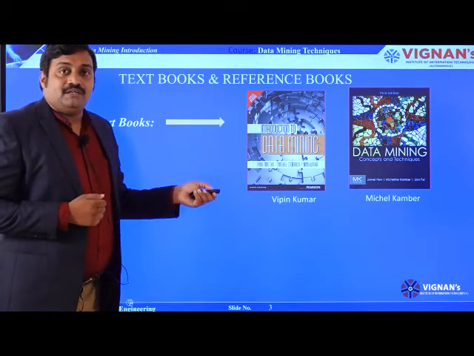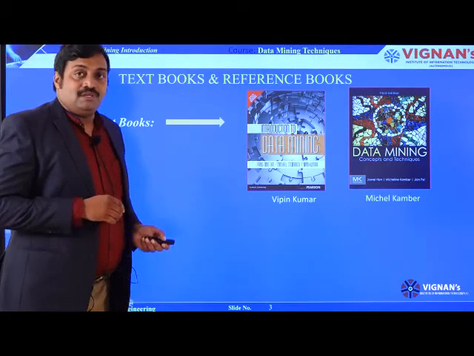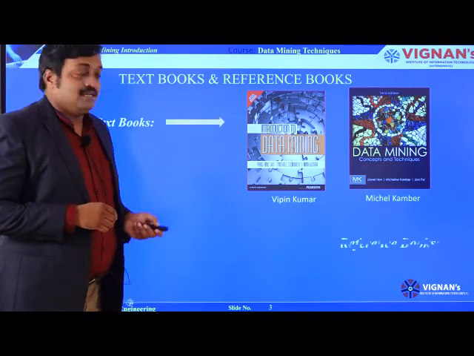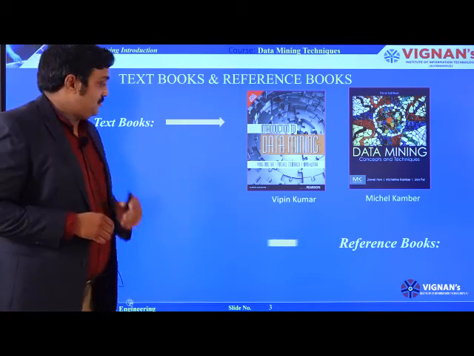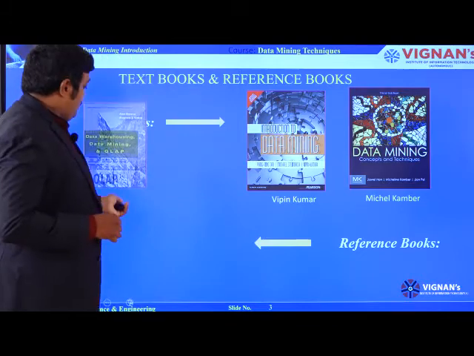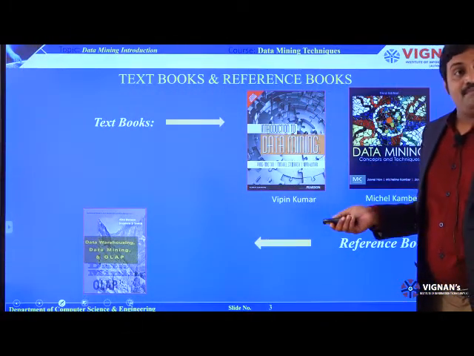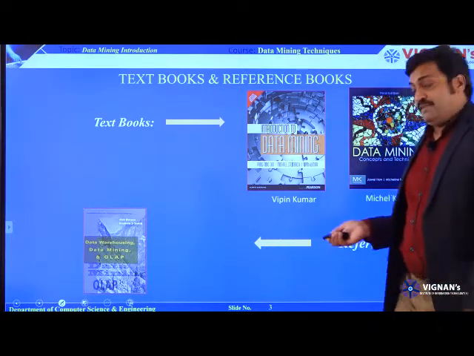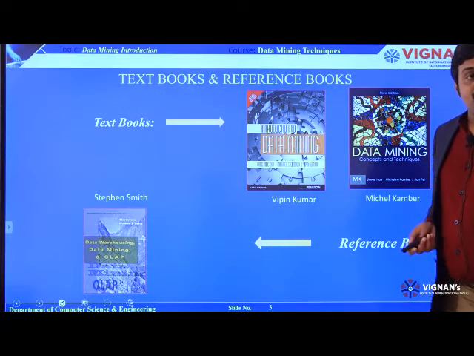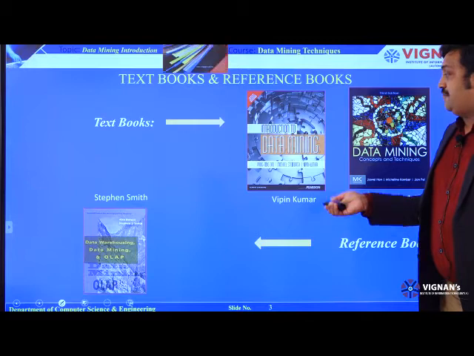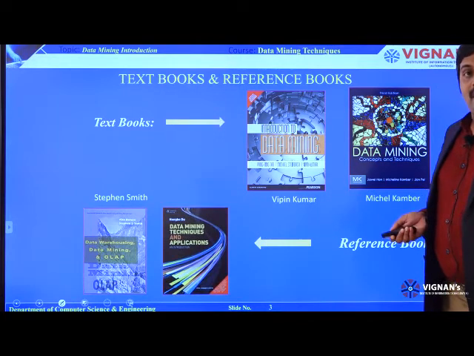And along with that, we are not restricted to these textbooks. We should also learn some extra things from the reference books. Here, one of the reference books is Data Warehouse and Data Mining by OLAP by Stephen Smith, and Data Mining Applications, Hang Dubu.